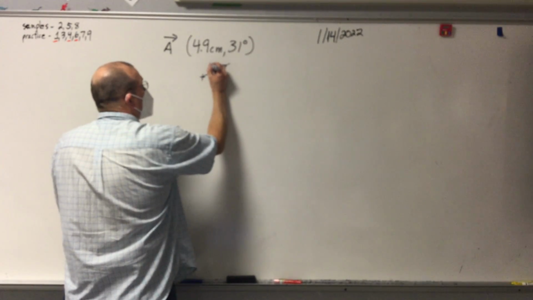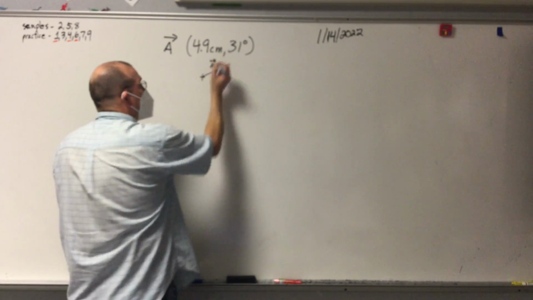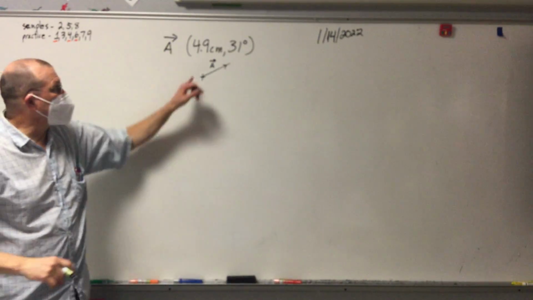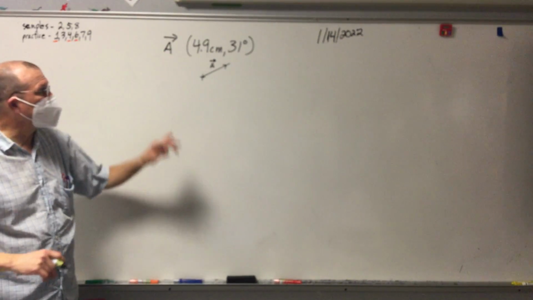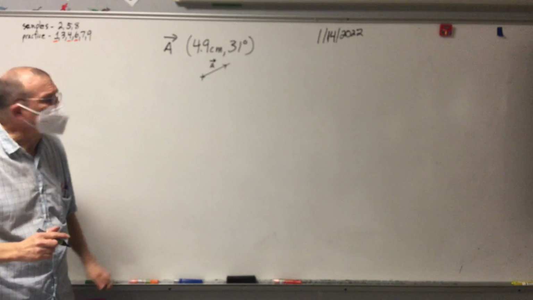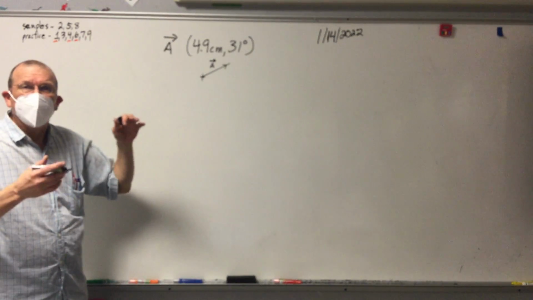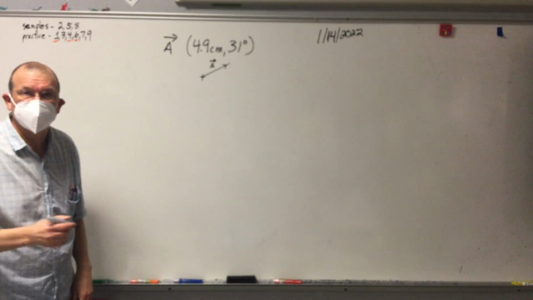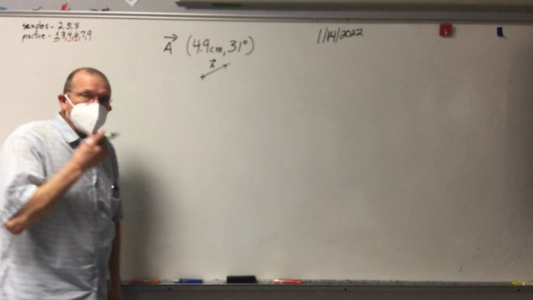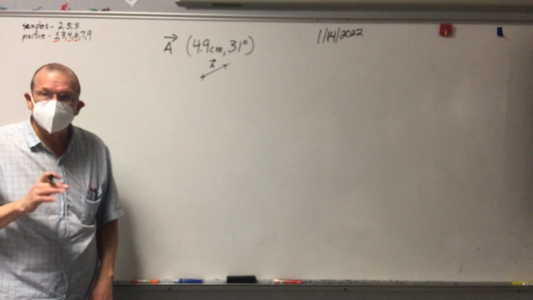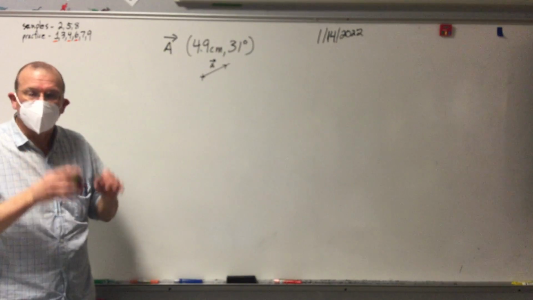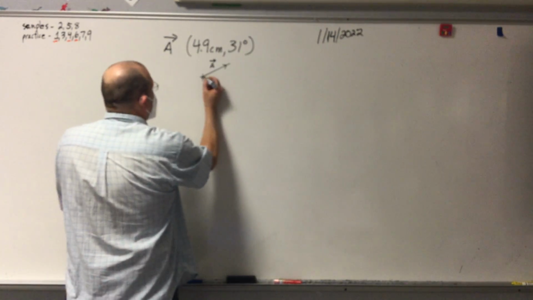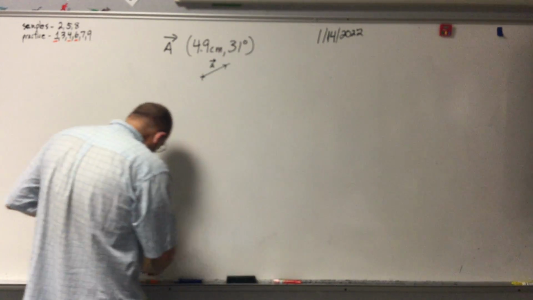Now, label that one with the letter and the arrow, and then draw the two components into the picture. Traditionally, you draw the horizontal one first, and I'm going to do this in a different color.